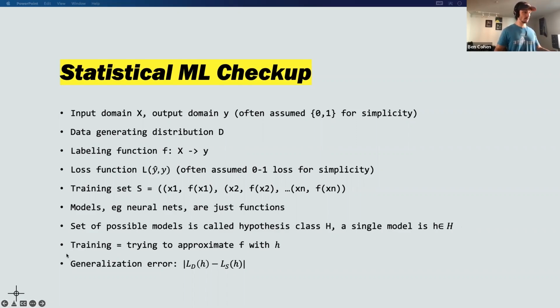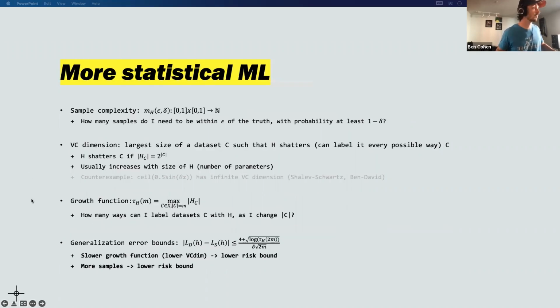And generalization error is the overall error: the expectation of the loss over D, so over the whole data generating distribution, minus the loss on the training set. I'm sure that most of this is extremely obvious to you all, but again, it was just an exercise to go through and make sure I understood some stuff.